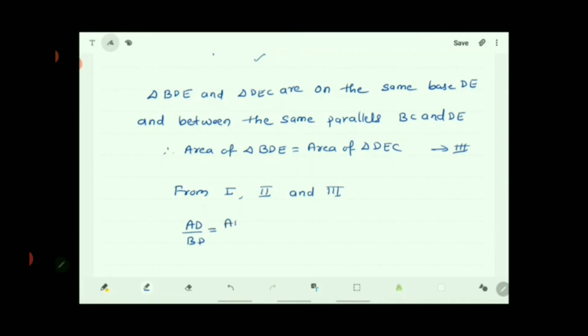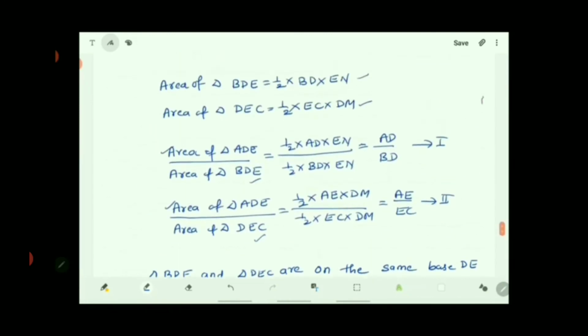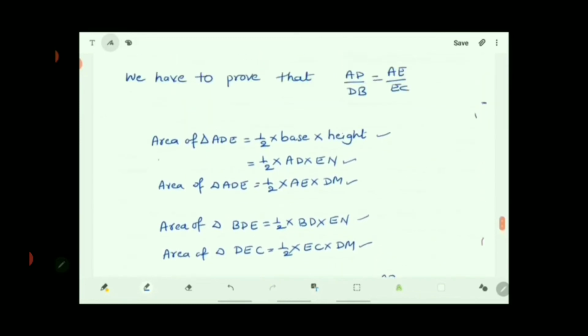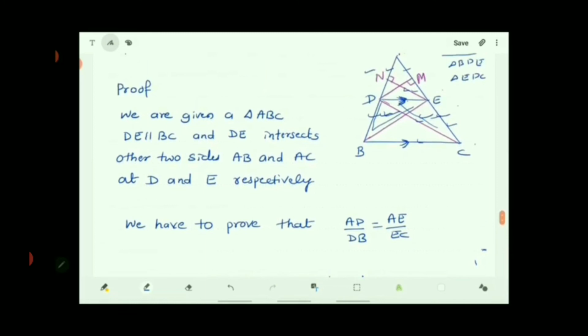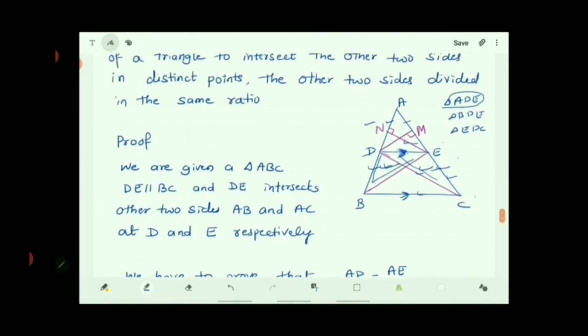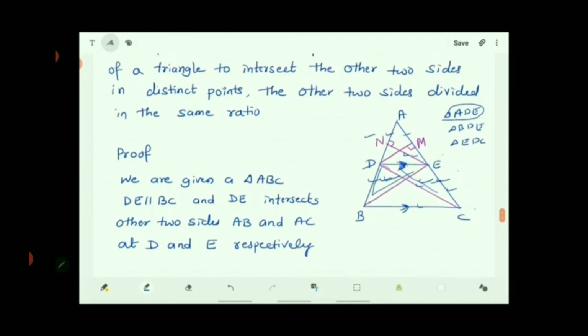AD by BD equals AE by EC. So DE parallel to BC, we have proved that AD by DB is equal to AE by EC.